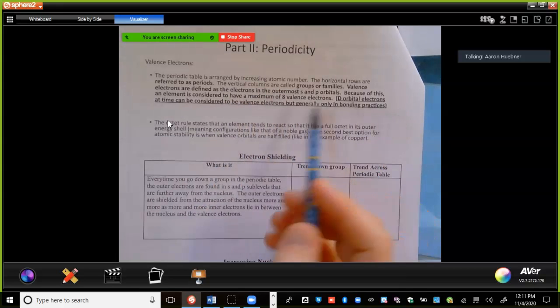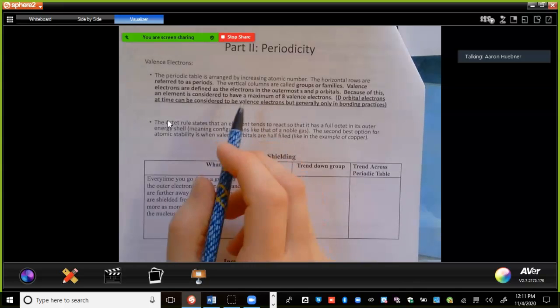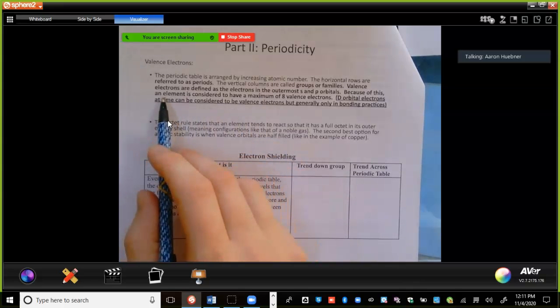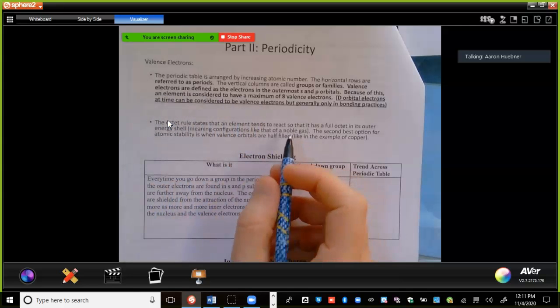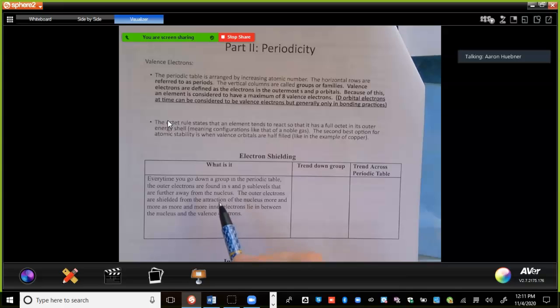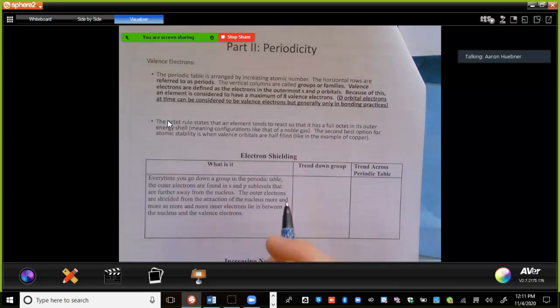Vertical columns are called groups or families, and the horizontal ones are called periods or rows. And yeah, we said valence electrons are defined as electrons in the outermost S and P orbitals. We've got something called the octet rule. They want to have 8 outer electrons. If you've got 6 electrons in the P and 2 in the S, you've got a total of 8.